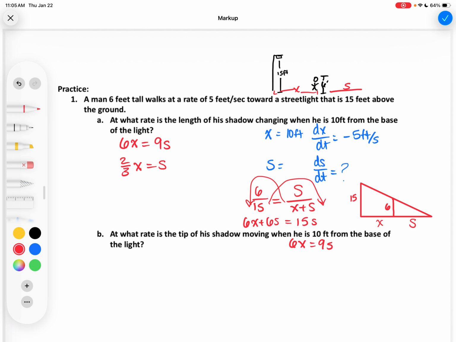And then I'll just take the derivative. So I would have ds/dt is equal to 2/3 dx/dt. So then I just need to multiply that by -5.